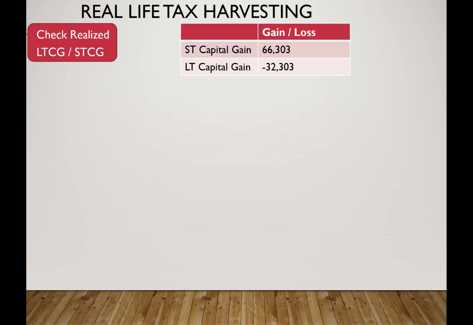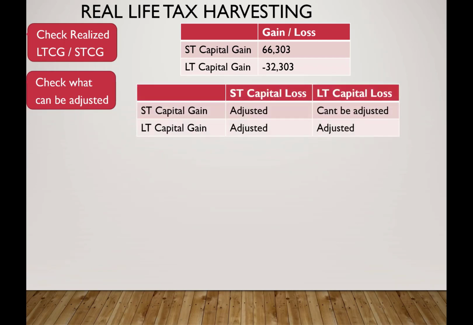Once you have found that out, let's move on to step number 2, which is to know what can be adjusted against what. So we can look at the table here again. In my case, I have a short-term capital gain of 66k, and short-term capital gain can be adjusted only against short-term capital loss.